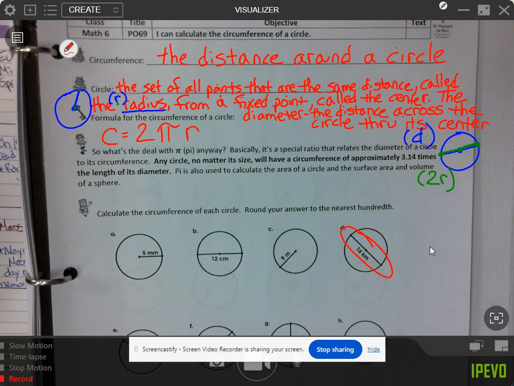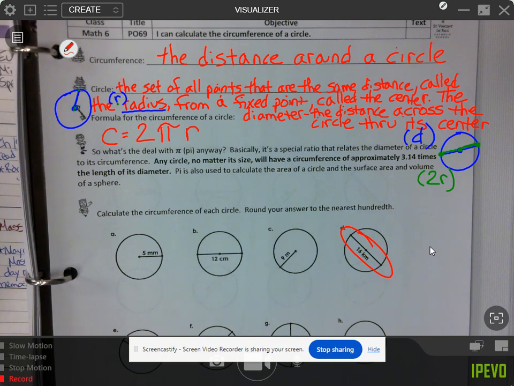Okay, if our diameter is 16, can we figure out the radius? We need the radius for our formula. What was that, Marina? Can we just not fill in part of our formula?